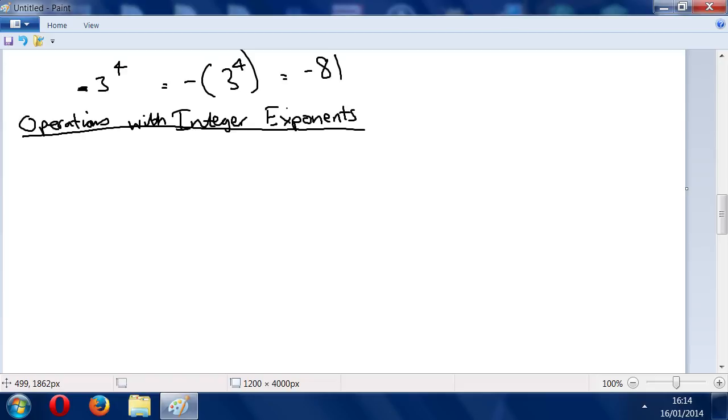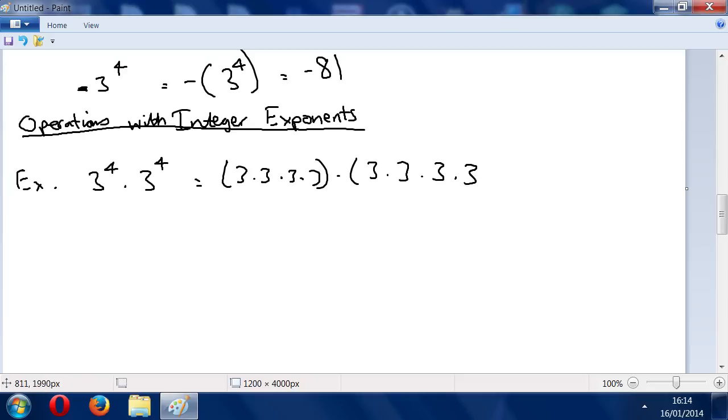Okay, so we've got this 3 to the 4th again, and we want to multiply it by 3 to the 4th. Well, we know for a fact what this is going to be. It's going to be 3 times 3 times 3 times 3, and then times 3 times 3 times 3 times 3.